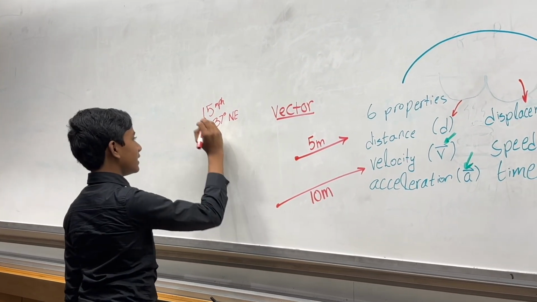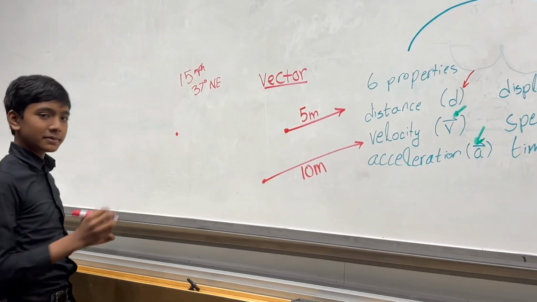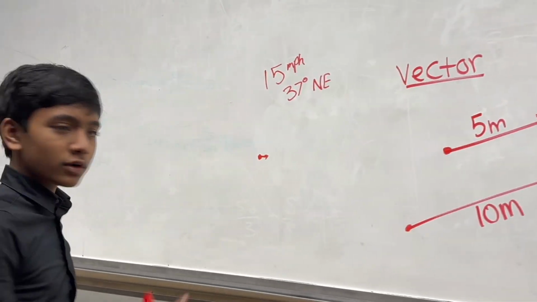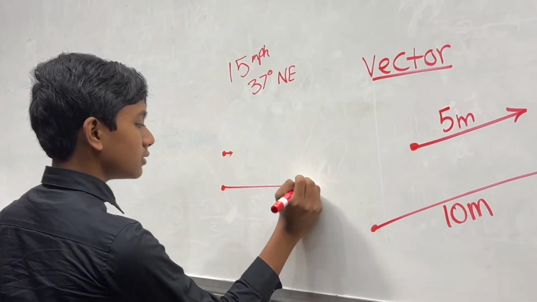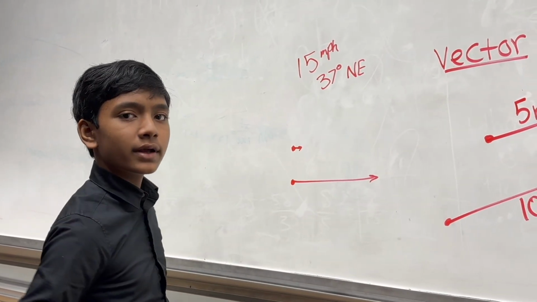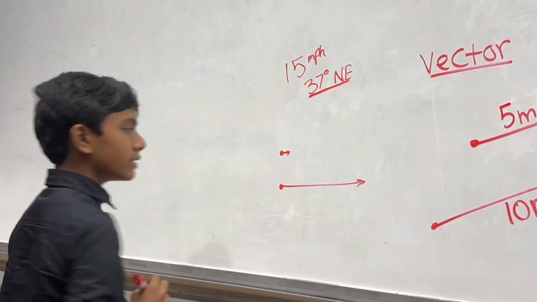When we specify the magnitude of the wind speed, we specify how fast it is going. Is it just a little breeze, or is it like a tornado? Is it going to push you only a little bit, or is it going to push you a lot? And the same thing with the direction.